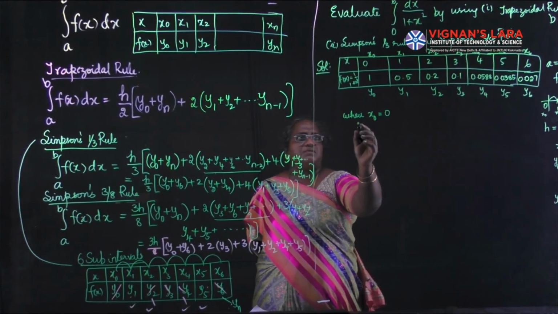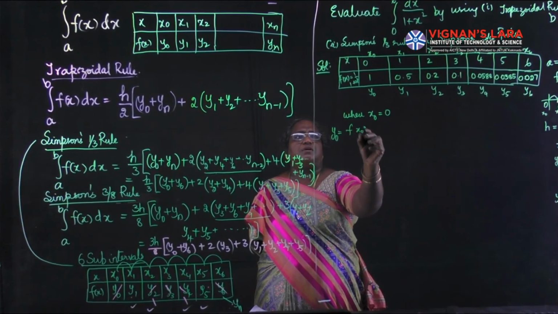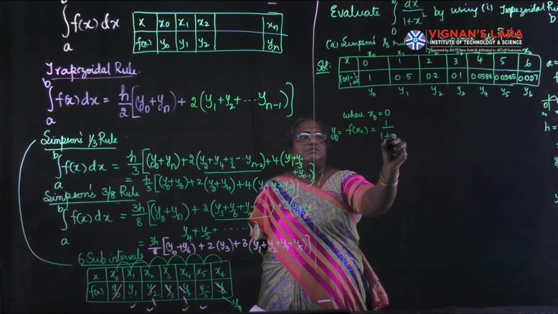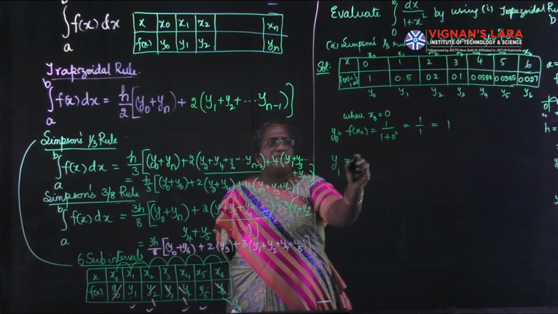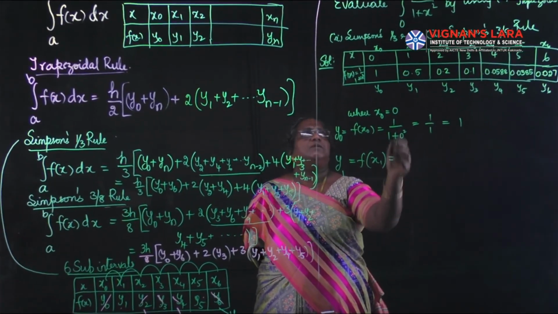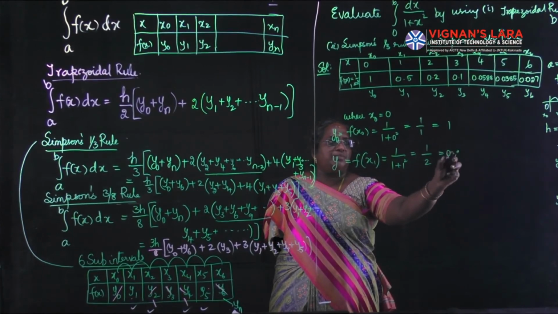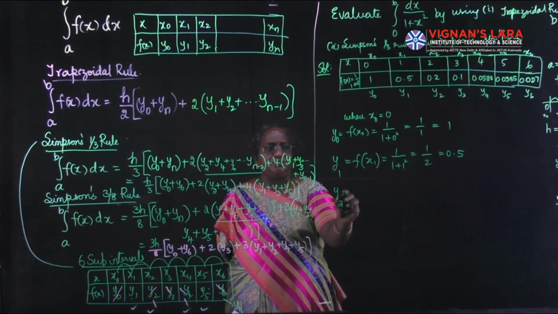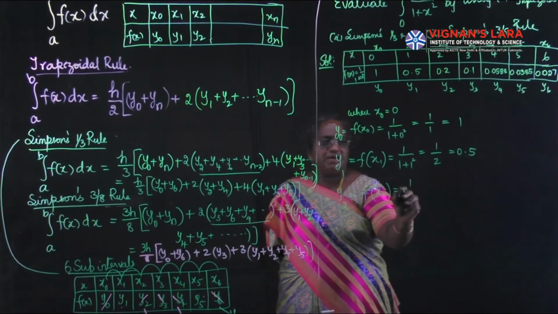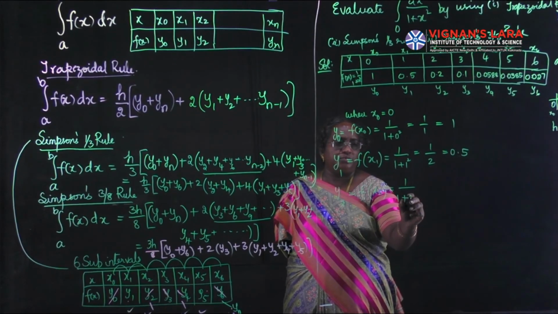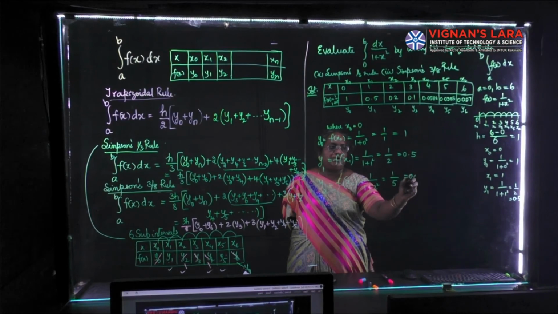When x0 is equal to 0, what is our y0? y0 is equal to f at x0. So this is 1 by 1 plus 0 square. It is 1 by 1 is 1. Next y1. y1 is f at x1. What is our x1? x1 is 1. 1 by 1 plus 1 square. It is 1 by 2, 0.5. Similarly y2 is f at x2. So this is equal to 1 by 1 plus 2 square. So it is 1 by 1 plus 4 is 5, 0.2.